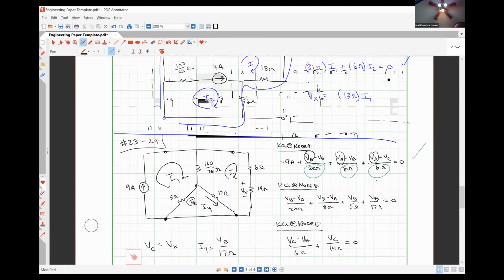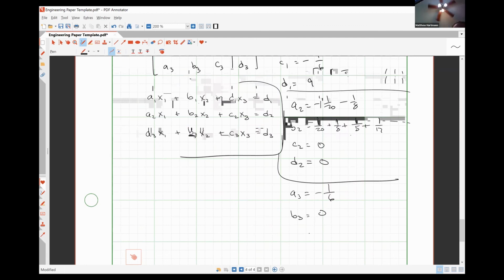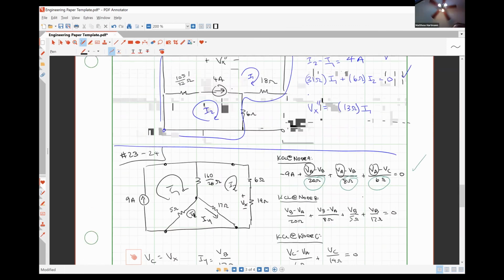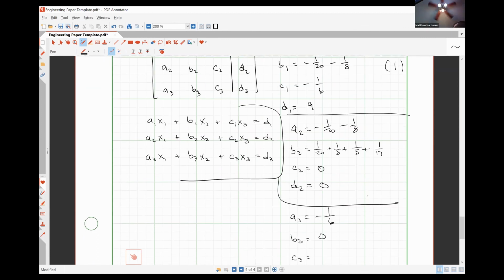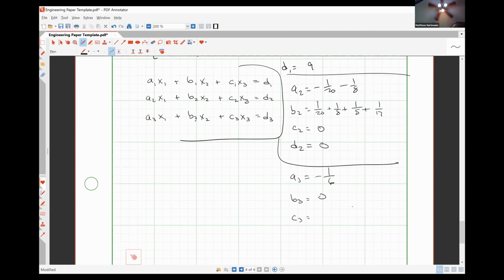Yep. C3, the coefficient associated with VC, is 1/6 plus 1/19. And D3 is equal to 0 because there's no constant value terms.